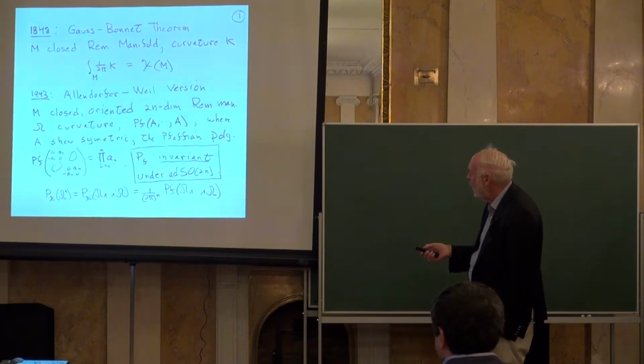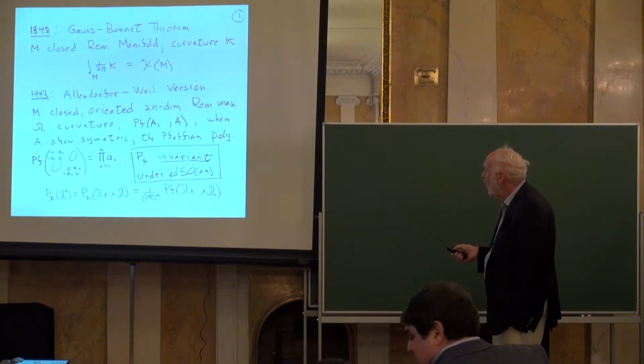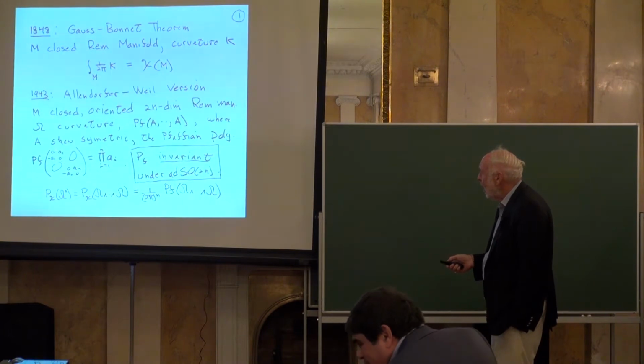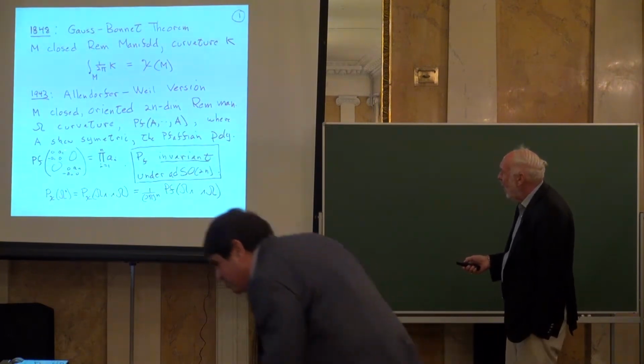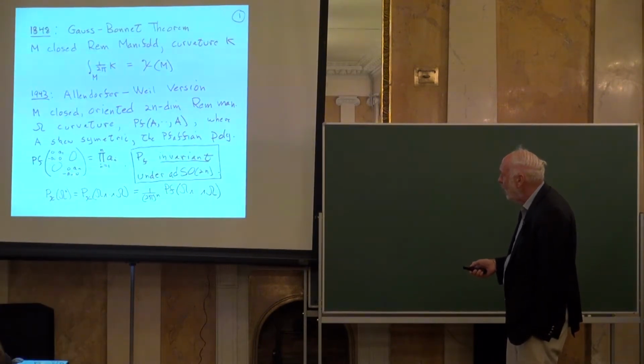Of course, you can't use the curvature by itself, but you take what's called the Pfaffian polynomial, an invariant polynomial on the special orthogonal group. It looks like this. If you take a skew-symmetric matrix and put it into this canonical form, you see it's a lot of little 2 by 2 blocks, and you take the product of those, one number at a time, a1, a2, all the way down.